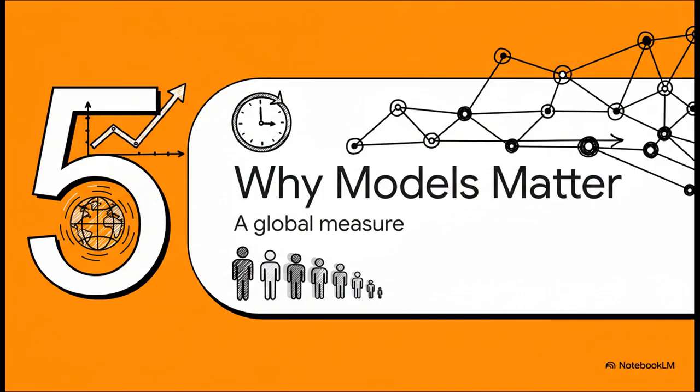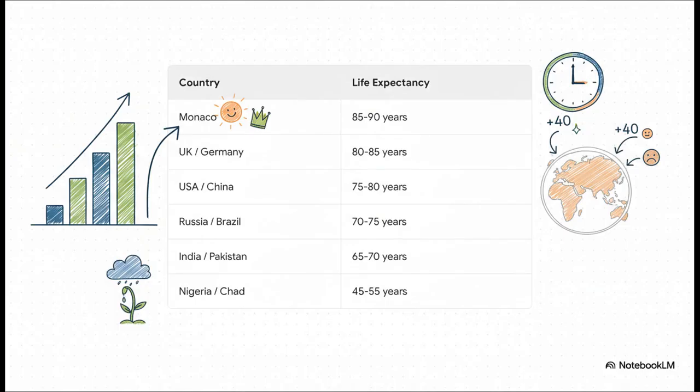So, look, these calculations are fascinating for us as individuals, for sure, but they go so much farther than that. They actually form one of the most powerful metrics we have for understanding the entire state of our world. And this really tells the global story. Just look at this data from 2015. The range is just incredible. Life expectancy at birth in a place like Monaco is way up in the high 80s, but in Chad it was under 50.